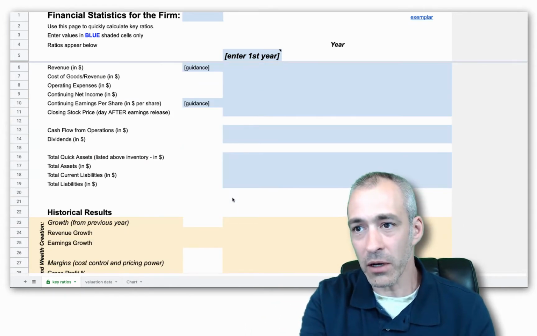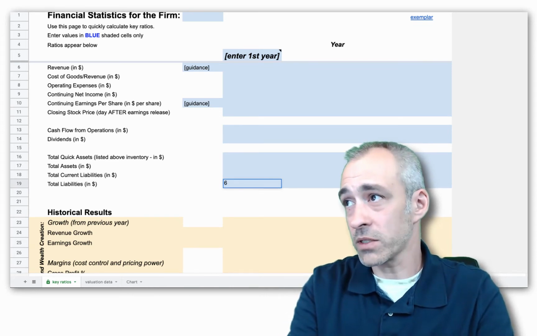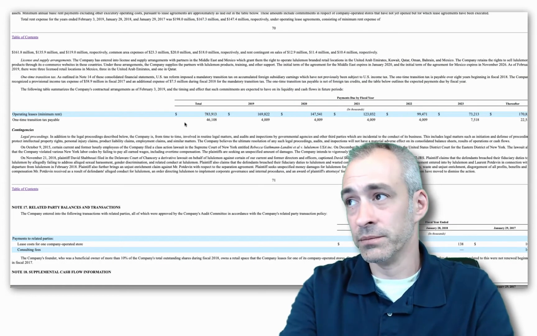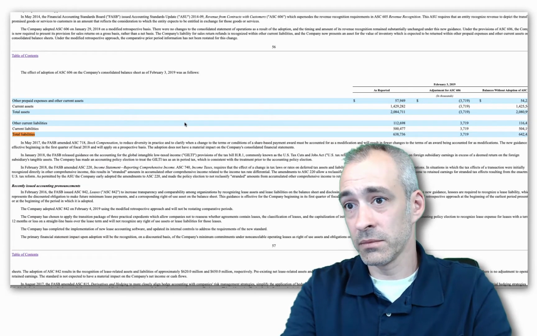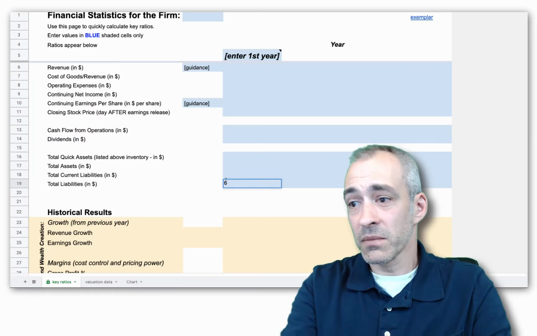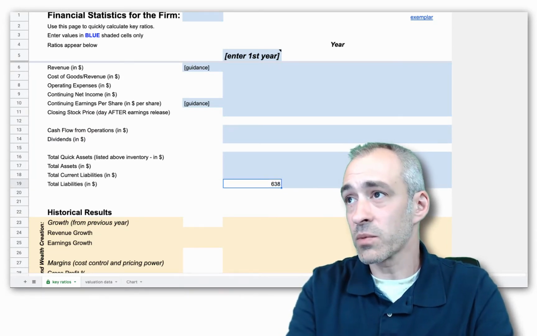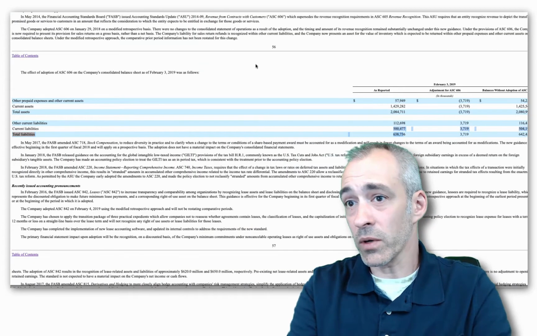So for example, up here, if we had total liabilities, it was what? 600 and whatever. Yeah, 638. So I'll put in $638 million, and total assets were 2,000 and something. I don't even remember what it was.